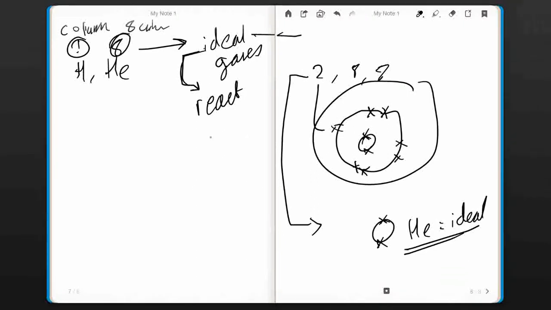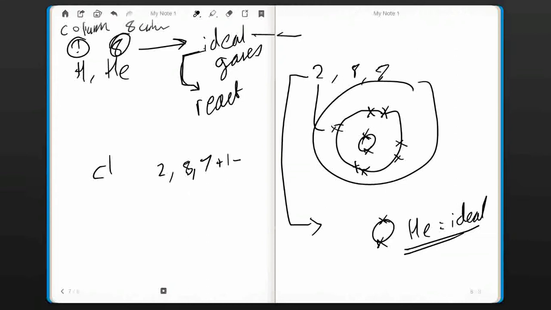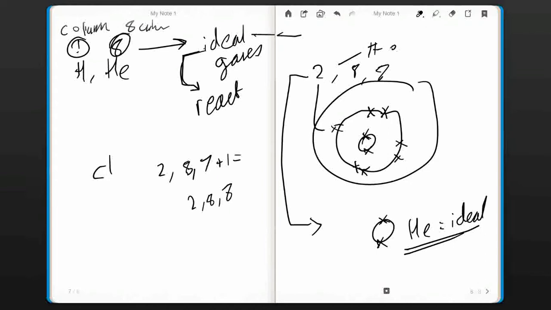For example, we have chlorine. Chlorine is 2, 8, and then a 7. So it's missing 1. It needs plus 1 to get to 2, 8, 8. And if you add 1 electron, which is what all of these structures are about, they're the number of electrons, then you get 2, 8, 8.